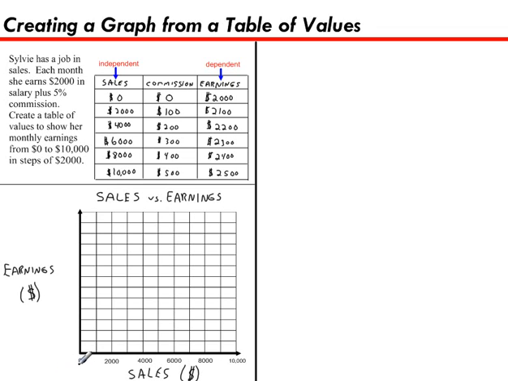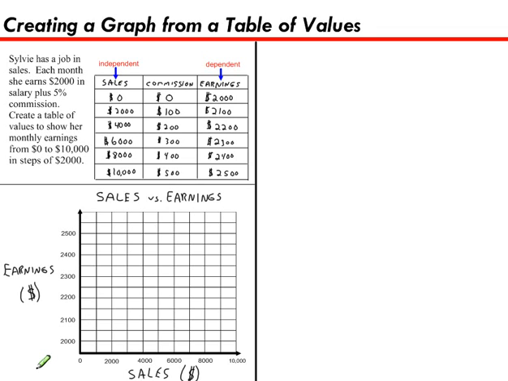I'm covering from $0 to $10,000, and each one of these spaces represents $1,000. Let's do the same for the vertical axis now. And you can see I'm starting at $2,000, and each one of these spaces represents $50. There, our graph's coming together pretty nicely. It's starting to look quite nice.